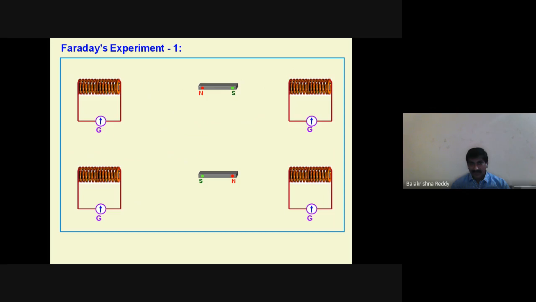When the magnet moves towards one coil, it is automatically away from the other coil. So for the first coil, let us see what happened. Here a north pole is generated, here a south pole is generated. The current direction you are finding here is anti-clockwise. As I said in the clock rule in previous chapters, in the clock rule, what happened?